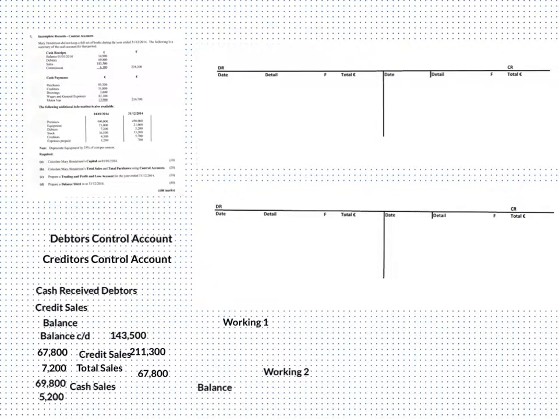So the second part of the question is to find total sales and total purchases using control accounts. The whole point of this question is that Mary Henderson has her own business and she didn't keep a full set of books, which is very common. If you're an entrepreneur setting up your own business, chances are you're not a qualified accountant.